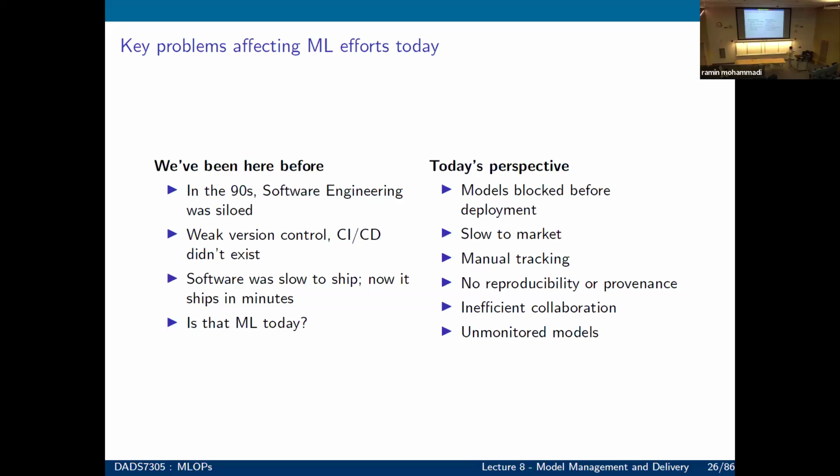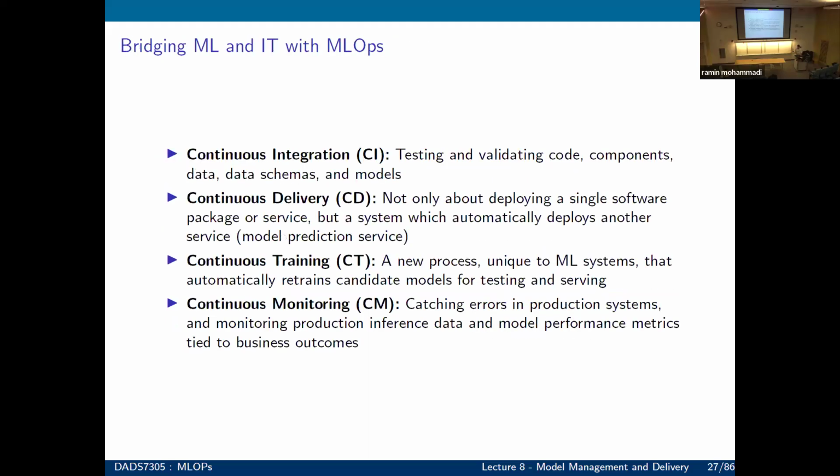No reproducibility or provenance, inefficient collaboration, unmonitored models. There are lots of issues that cause ML or AI these days to easily fail. So it's important that we have a team that can understand and take care of this. Now, we also talked about this before, that we need to bridge the gap between software and ML.